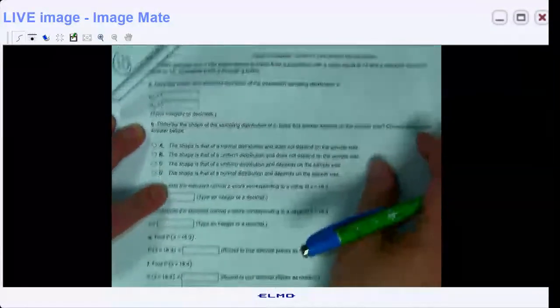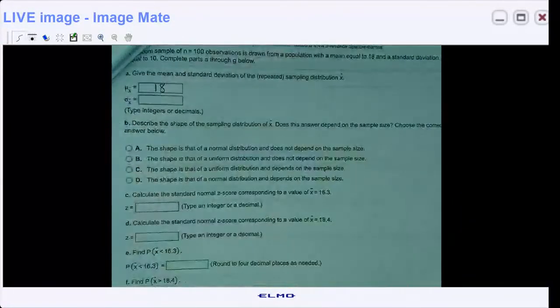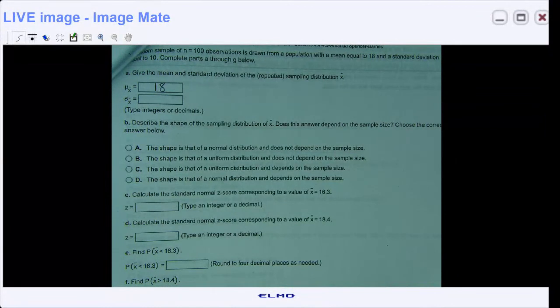So the mean is always just the given mean that was in the question. So the mean on a sampling distribution stays the same. The thing that changes is the standard deviation.